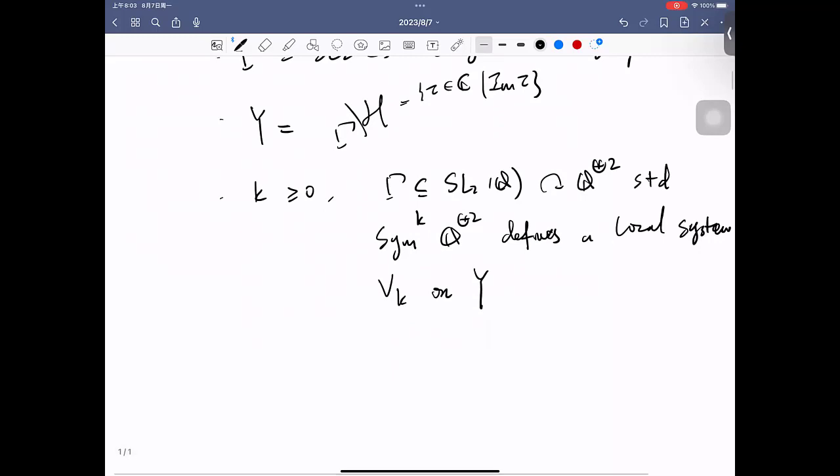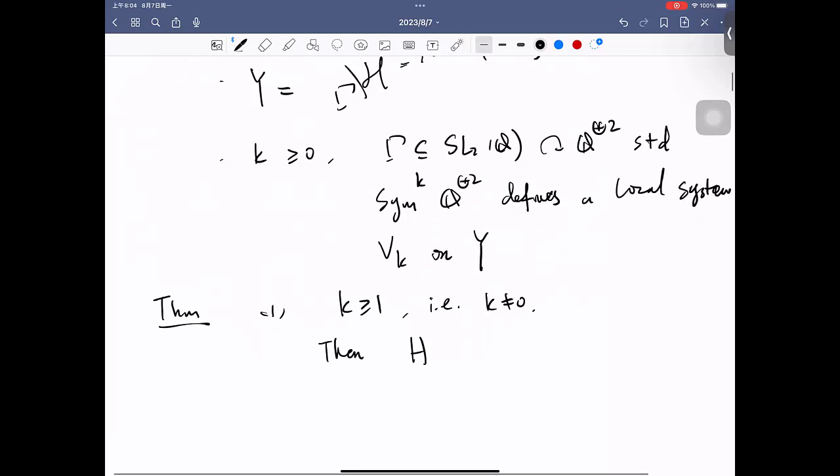So it's well known, but let me just write it as a theorem, that if k is at least 1, well, in this case it just means k is not 0, then, well, this is an open curve, so it only has H0 and H1.